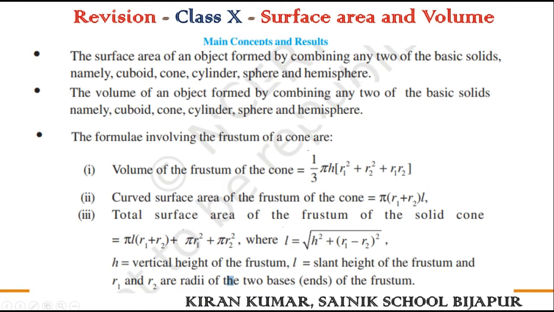The total surface area of the frustum of the solid cone is pi L times R1 plus R2 plus pi R1 square plus pi R2 square, where L is the square root of h square plus R1 minus R2 whole square, where h is the vertical height of the frustum, L is the slant height of the frustum, and R1 and R2 are the two bases at the end of the frustum.